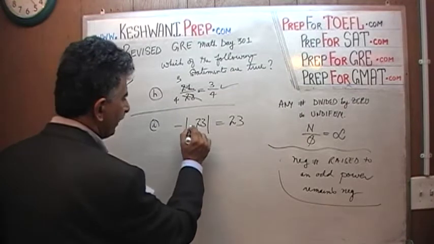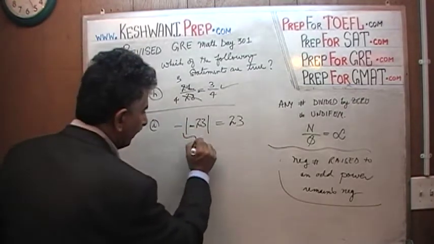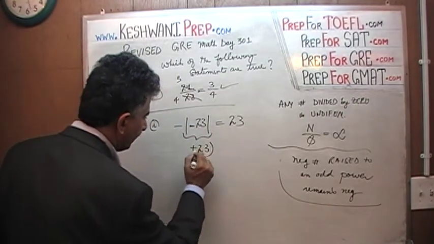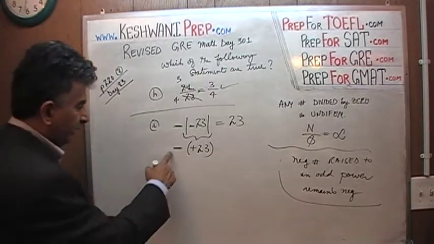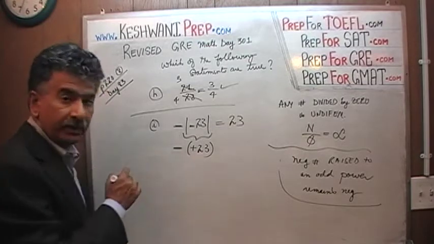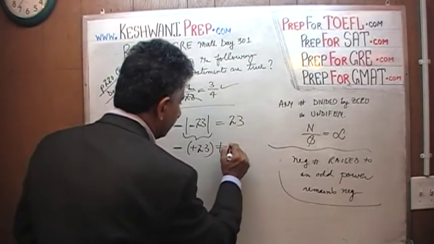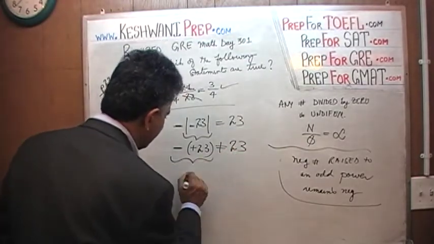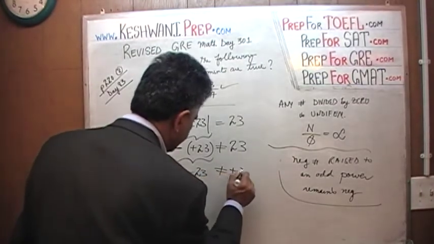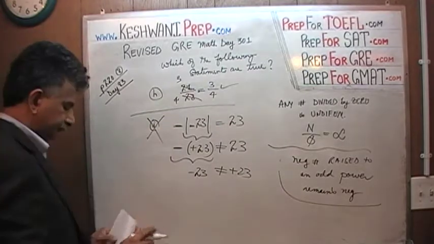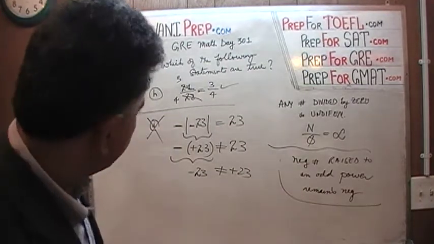Well, the absolute value of negative 23 is positive 23. But then we have a negative in front of it. A negative times positive 23 does not equal 23. This quantity will equal negative 23. Negative 23 does not equal positive 23. This is false. Let's move on.